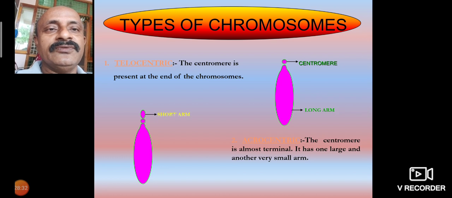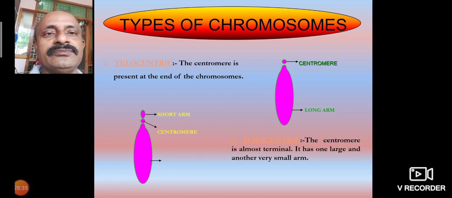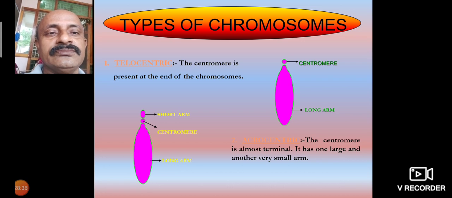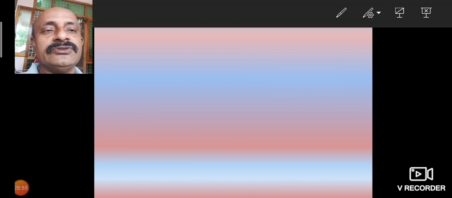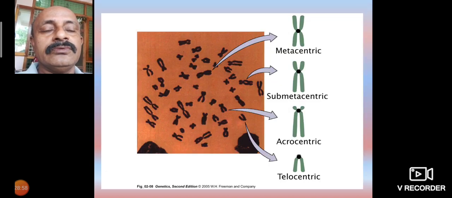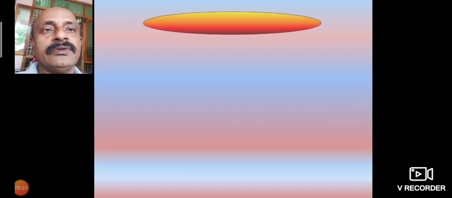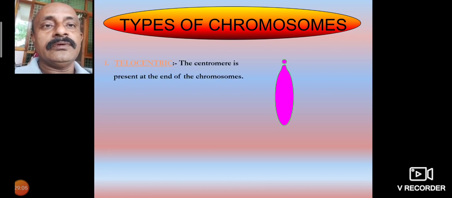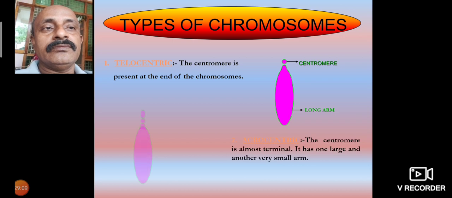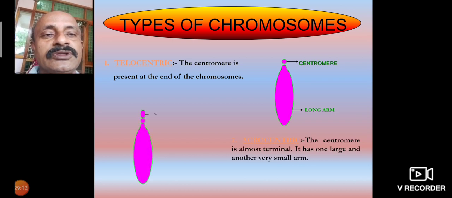The centromere here has a short arm and a long arm. The first one is metacentric, then the second one... telocentric and acrocentric both are there.